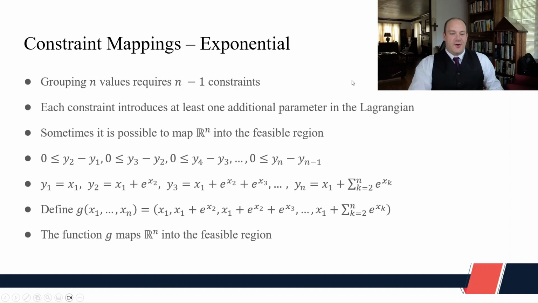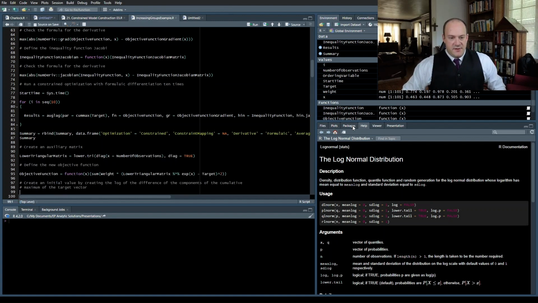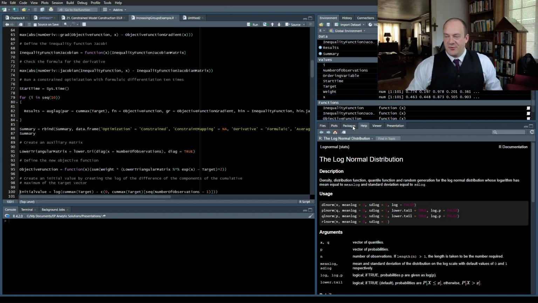Okay. And so now we're in good shape because we have this function g and it maps Rn into the feasible region. So we are going to take a look at how that looks here in R. So let's go to our good friend R. Okay, so now that we're looking in R, how are we going to represent the function that we just created?